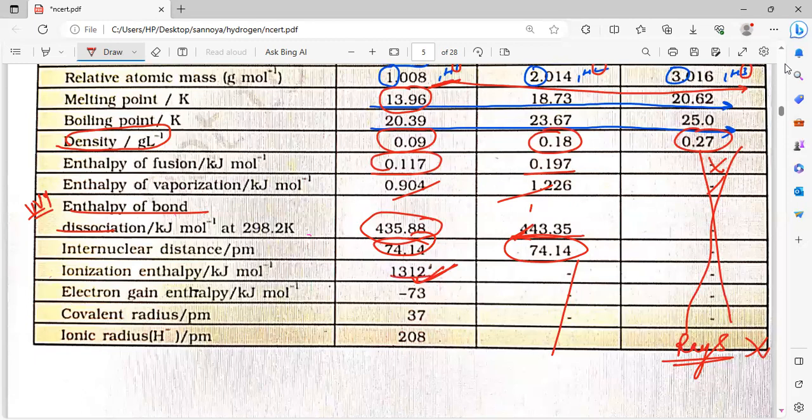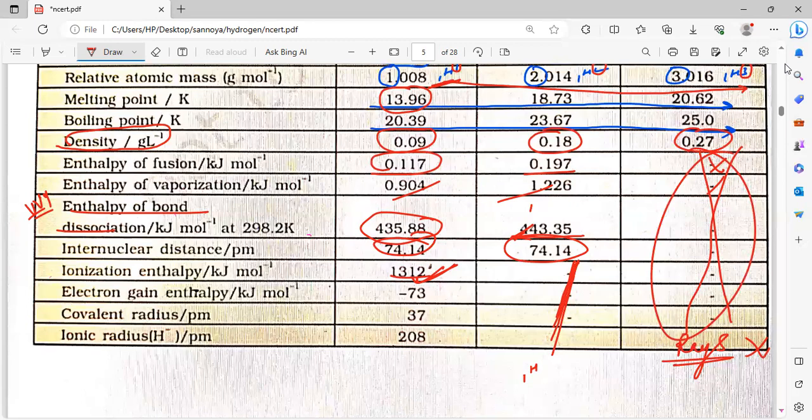I have one question. Why are the other values not given for deuterium? They did not study. I don't know the exact fact. Okay, ionization energy for this one. Here, this is radioactive, that I know. Here we need to find out why it is not there.